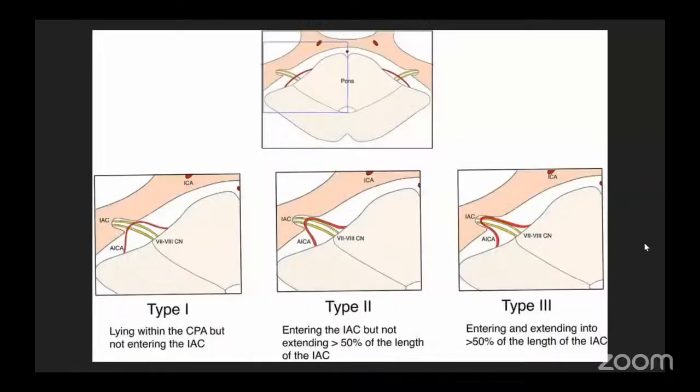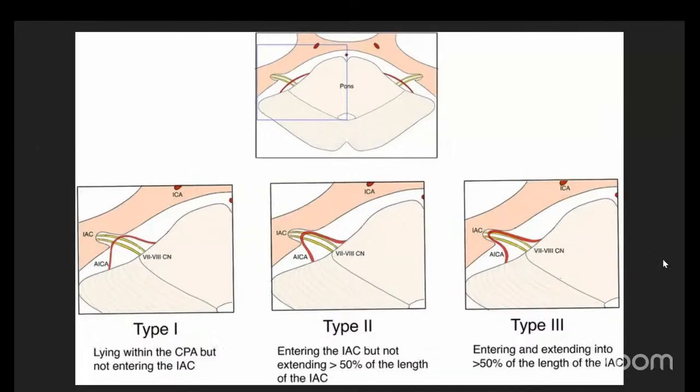Let's look at this illustration. This is our normal anatomy, and this is our normal anatomy as well. There's a prominent loop in this first image. There is no loop as such in the image that you saw above. Both are type 1. What is happening is it is not entering the internal acoustic canal.